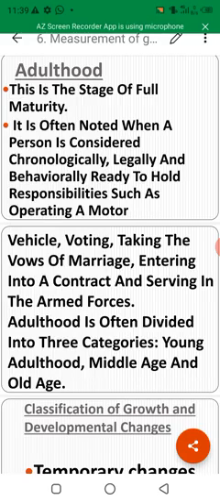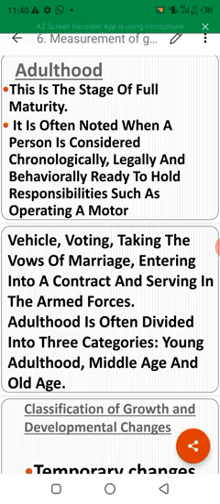So these are the stages. This is a stage that you'll be held responsible for what you do in life, because they will tell you that you are an adult. You are not a child again. You are responsible for everything. That is, you are ready to have a life partner.